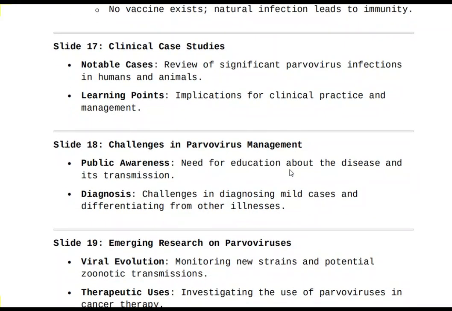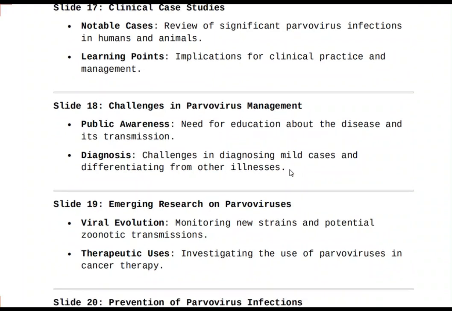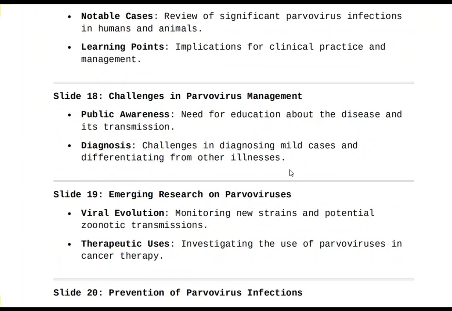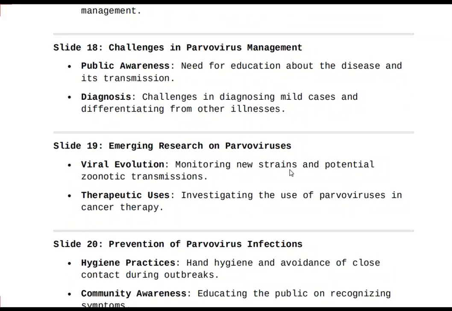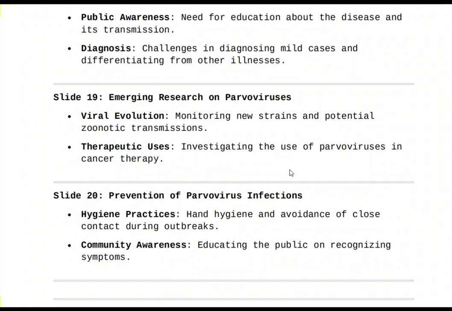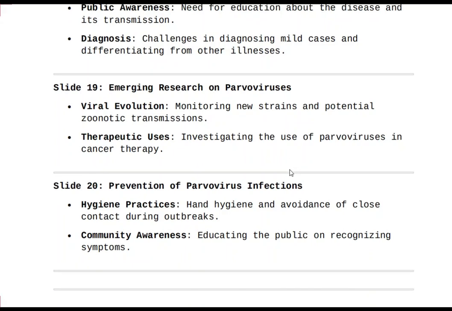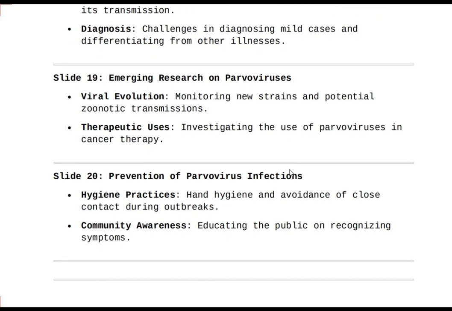Notable clinical studies reviewed significant infections in humans and animals and the implications for clinical practice and management. Public awareness: there is a need for education about the disease and its transmission, and for addressing the challenges researchers face in diagnosing mild cases and differentiating them from other illnesses. That's a challenge, mostly for doctors.